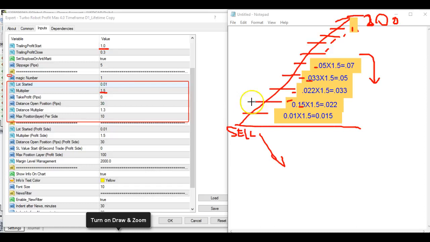So that is mainly on the multiplier. Your distance multiplier for opening positions starts at 30 here, so if we say this is 30, multiplied by 1.3, the next is 39.